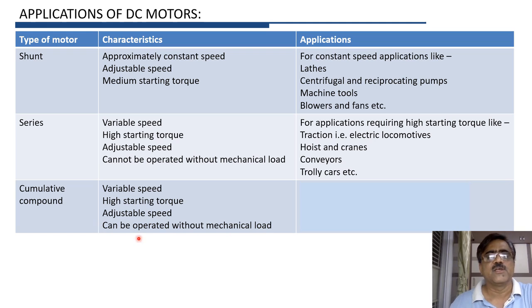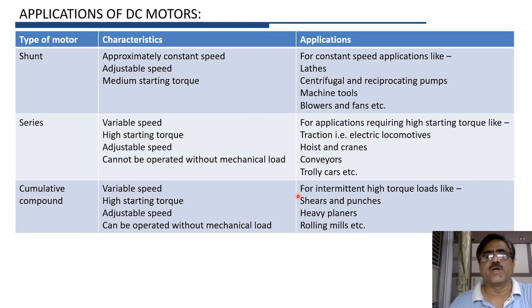So in this case, even if the load is reduced to zero, then also the speed will remain within limits because of the shunt field winding. In compound motors, both windings are there, shunt as well as series, and therefore because of shunt winding, it can be operated without mechanical load also, and therefore these motors are suitable for intermittent high torque loads.